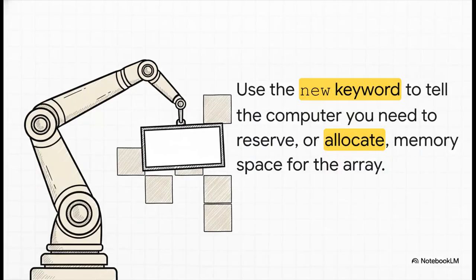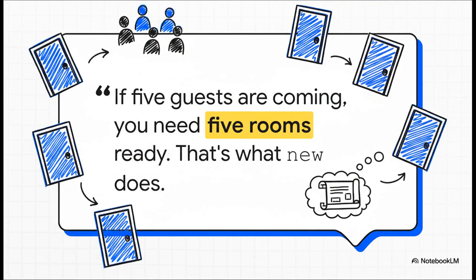Next up, you use this special keyword, new. This is you telling the computer, okay, I need you to actually go and set aside some memory for me. This is the command that gets the space ready. Here's a great way to think about it. If you've got 5 guests coming to your house, you can't just wait for them to show up. You have to get 5 rooms ready for them first, right?